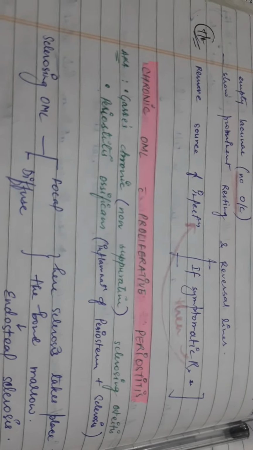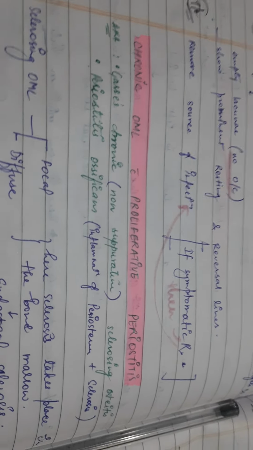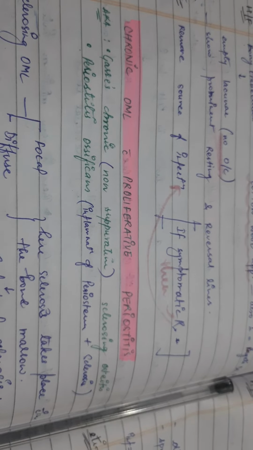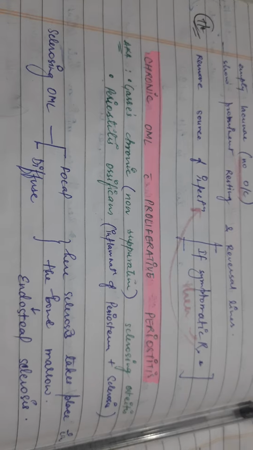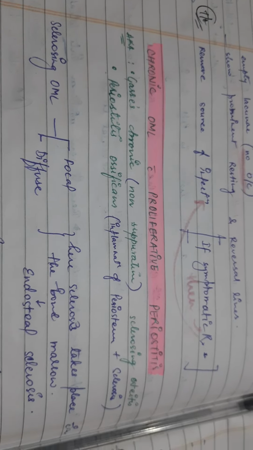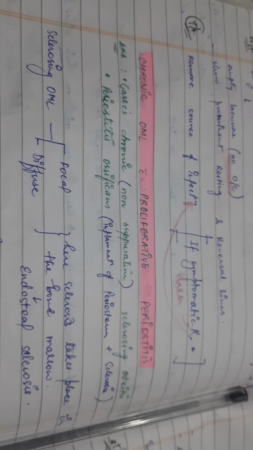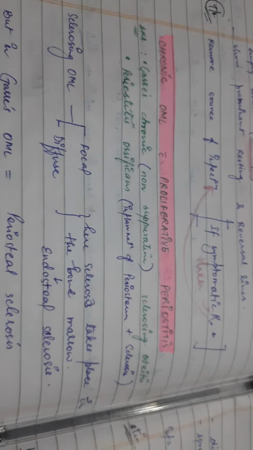Now chronic osteomyelitis with proliferative periostitis, also called Garre's osteomyelitis, Garre's chronic non-suppurative sclerosing osteomyelitis, periostitis ossificans. Periostitis means inflammation of the periosteum, and sclerosis is present here.